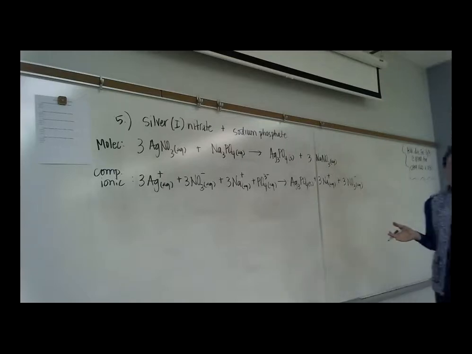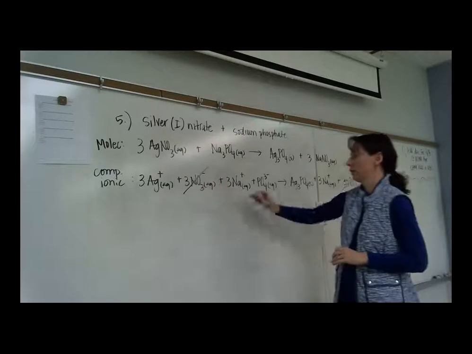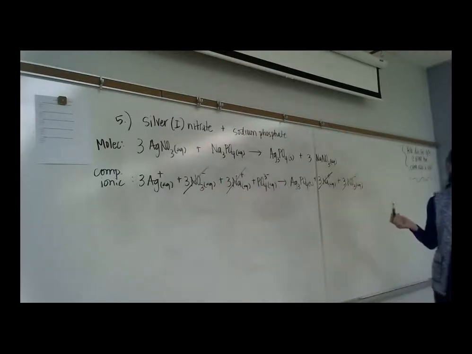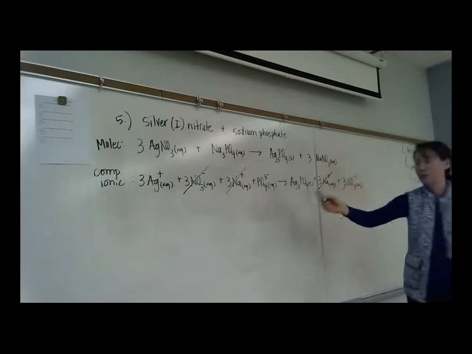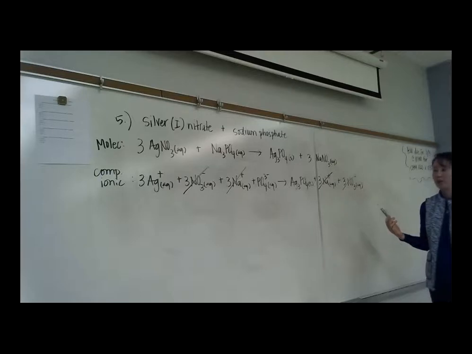But I've got spectators in here that I need to remove to give me a net ionic. What spectators can I remove? Nitrate and sodium ion. Remember, we can use this as a self-check to make sure that my coefficients match before I cross them out. If you had 2 on one side and 1 on the other, that should ring a bell to go back and double check how you dissociated.